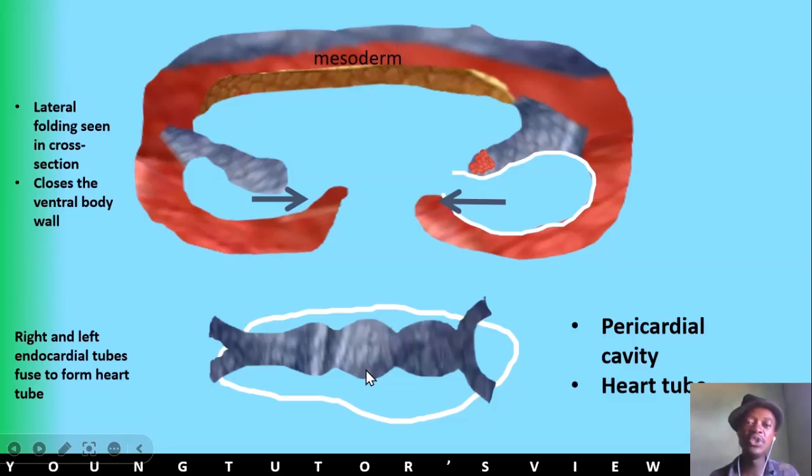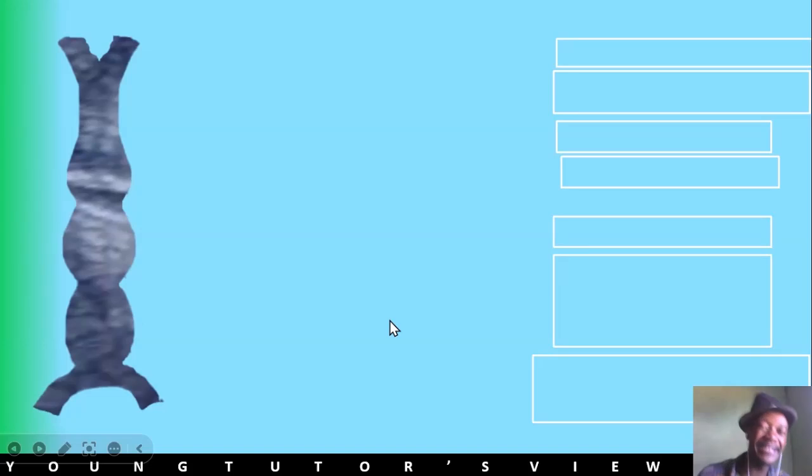So what we are going to do to conclude this view is just to see the parts of the heart tube. We are just going to bring the heart tube close like this so that we can see its parts. It has the arterial end over there and the venous end over there.